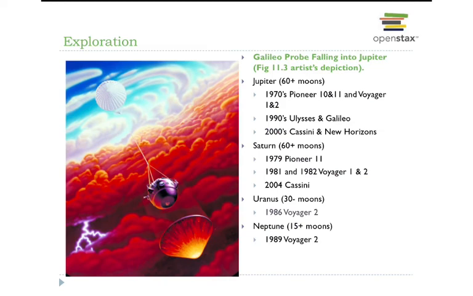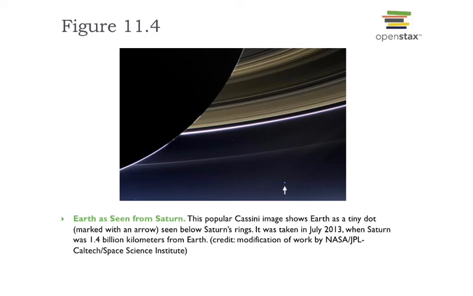So, some exploration of the Jovian planets. We've had quite a few space probes go out and take images, so we know quite a bit about them. We'll look at some of these images in high resolution. Just amazing the clarity that we're able to get. Here's one of those images.